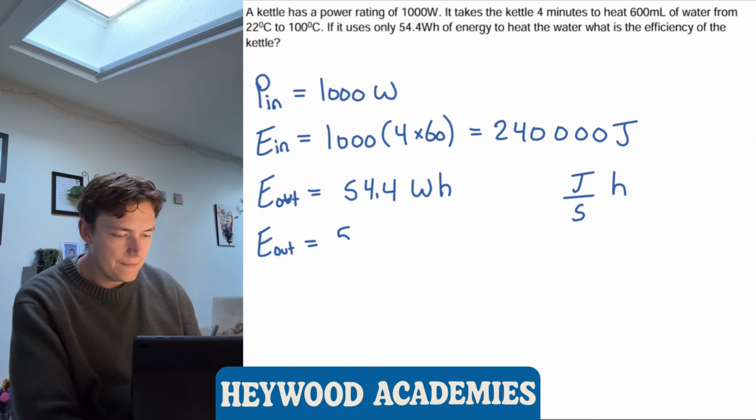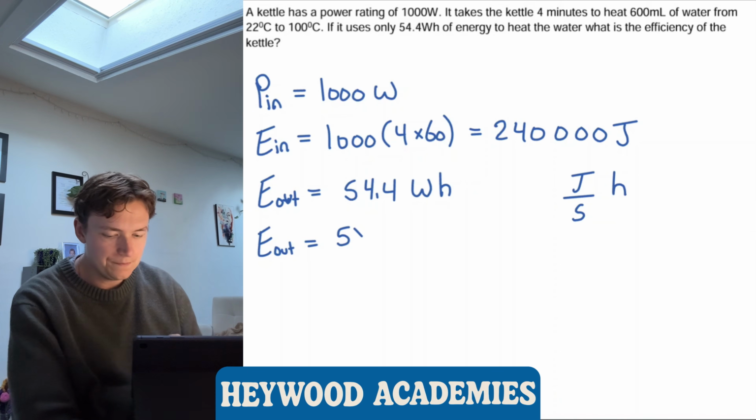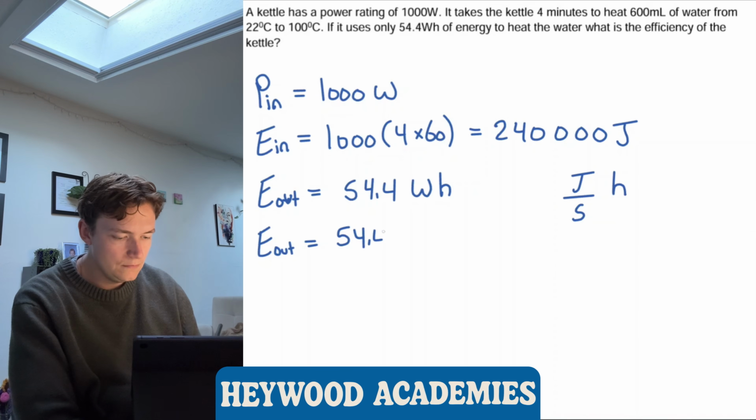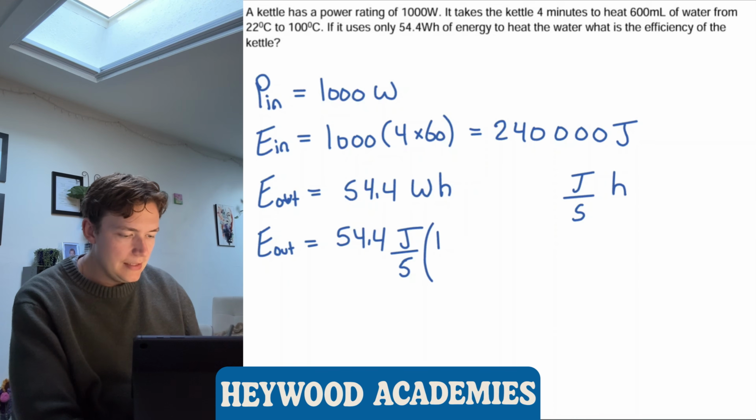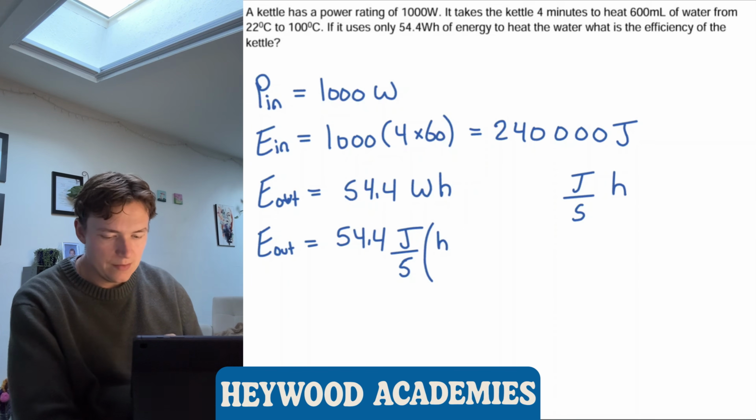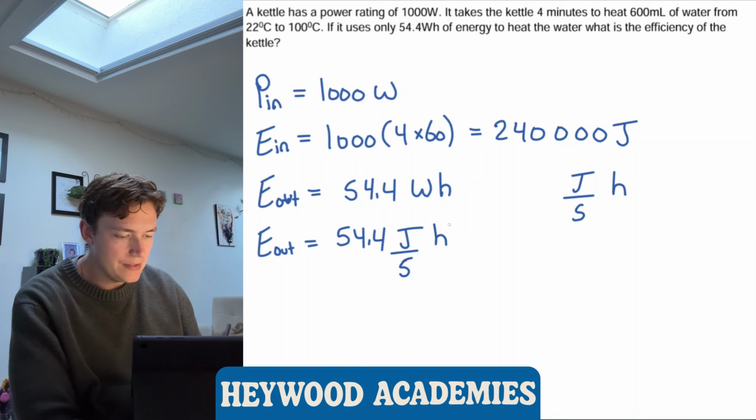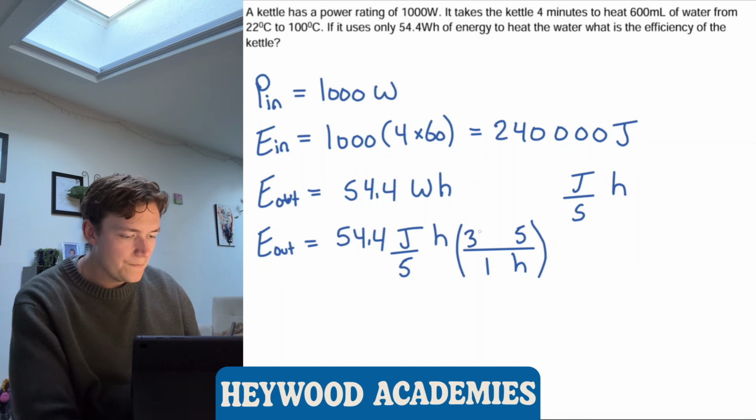So let's go 54.4 joules per second. And then we've got hours here. So maybe I'll write it like this. We've got hours. We want to just get rid of those hours and convert that hours to seconds. So if we put hours down here and seconds up here, then we can say that 1 hour is 3,600 seconds.